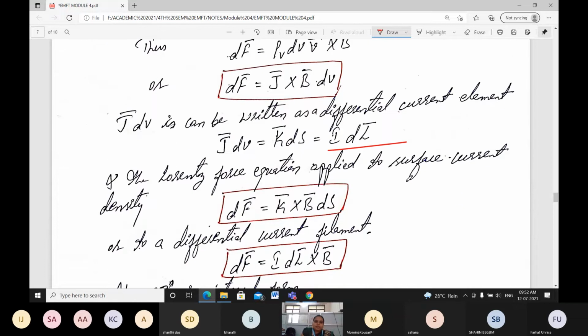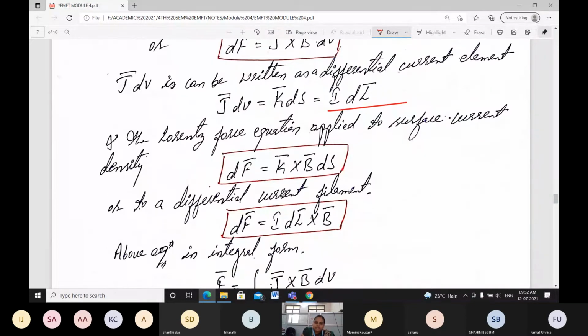Then the Lorentz force equation applied to the surface current density gives dF equals K cross B dS. Then for the differential current filament, dF in terms of current, in terms of the Lorentz force, is I dl cross B.